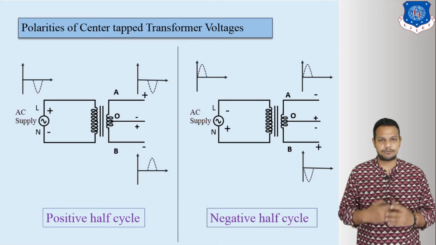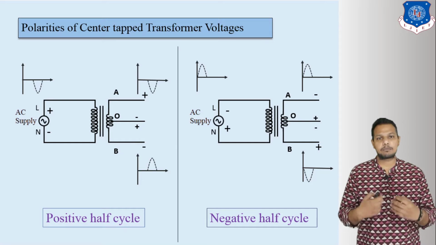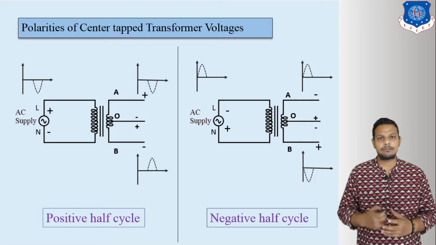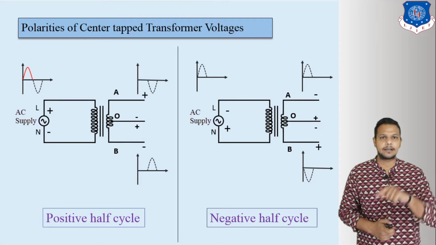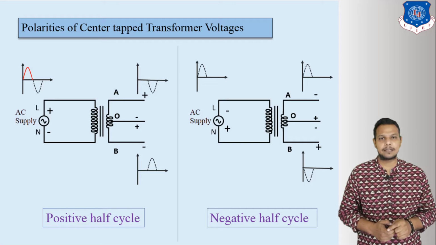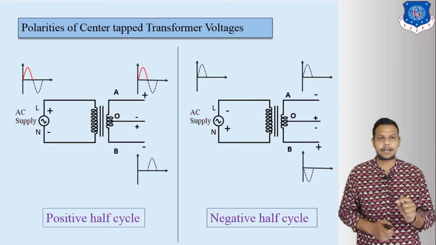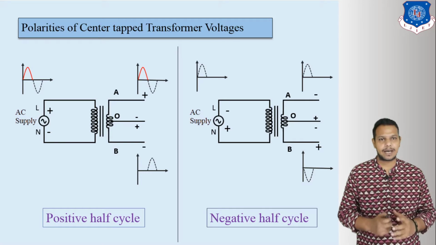Let us discuss the positive half cycle first. Whenever we enter a positive half cycle at the input side, what will we get at the output side? If we enter this positive half cycle, we get the same polarities at VAO, a positive half cycle.